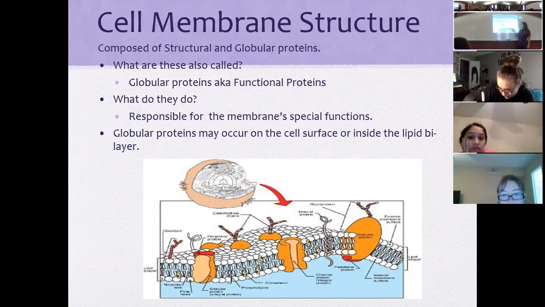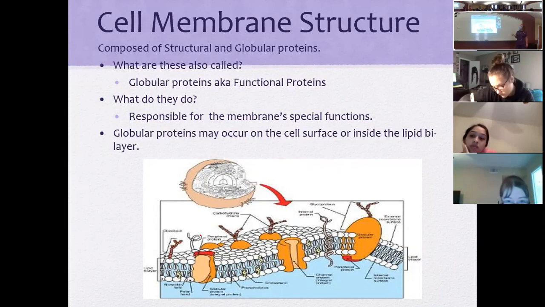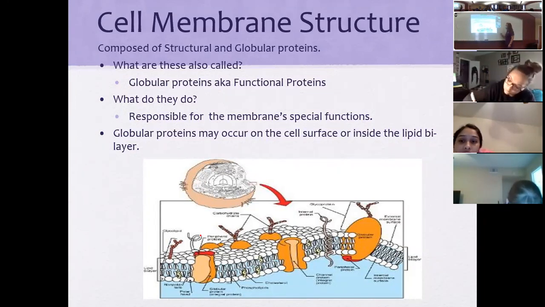We have other kinds of proteins that help with the structure. And this whole thing is known as a fluid mosaic, meaning that it is in constant motion. It is constantly changing shape depending on the job that it's doing. So we have these functional proteins, and they're responsible for the special functions of the cell membrane. Some cells may have more than others depending on the job they need to do.